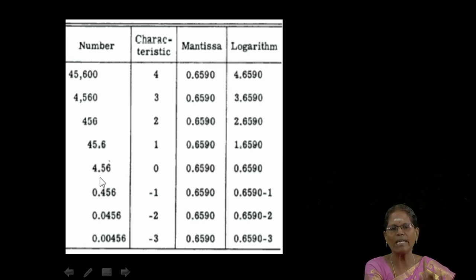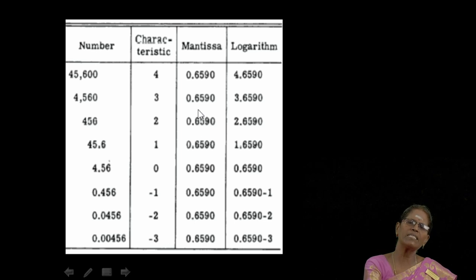Here 4 is the only one digit, so 1 minus 1 equals 0. Again, when we go for decimal numbers, for example 0.00456, here there is no round number. Also, after the decimal point there are 2 zeros. So totally, we have to give minus 3 as the characteristic.